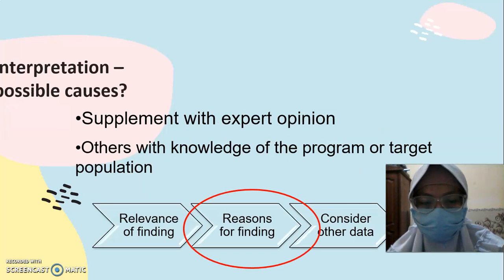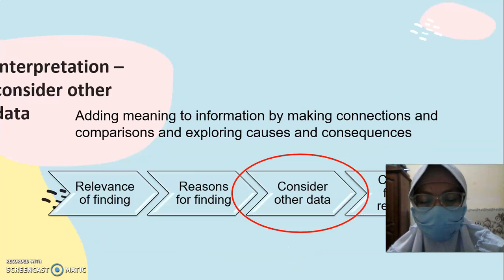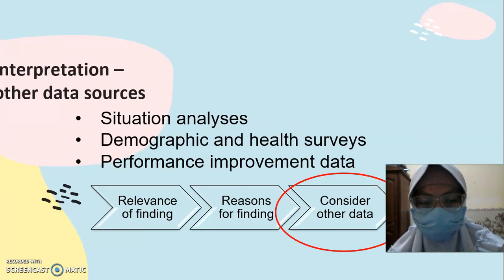And the second, reasons for findings, which you have to supplement with expert opinion and others with knowledge of the program or target population. And the third, consider other data, making connections and comparisons and exploring causes and consequences.